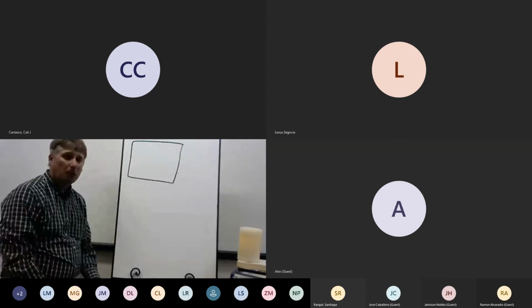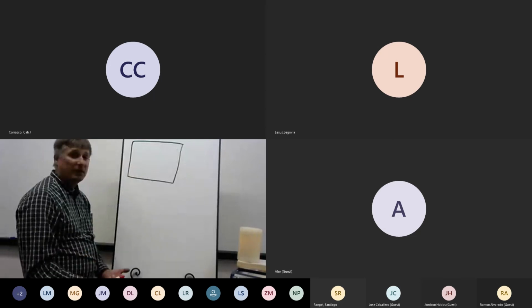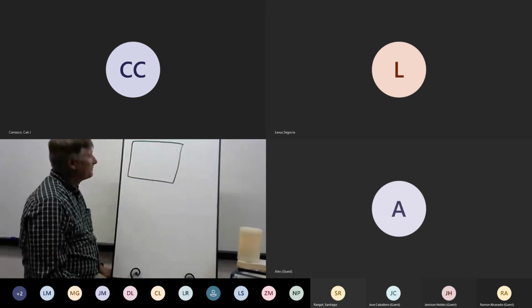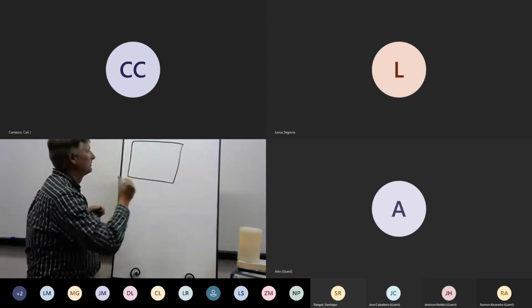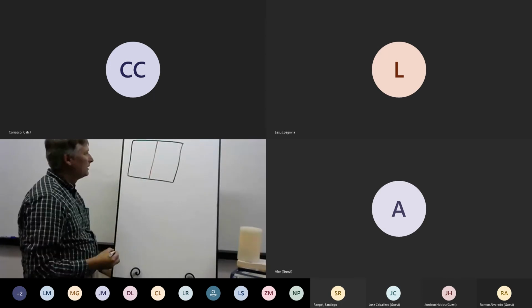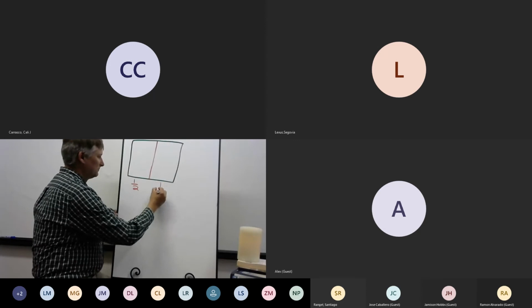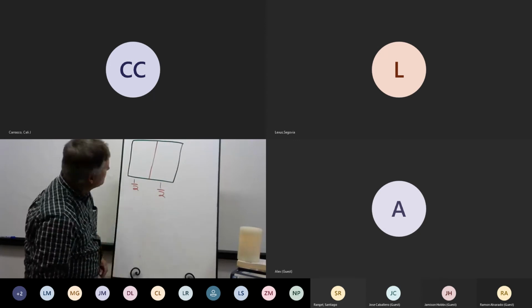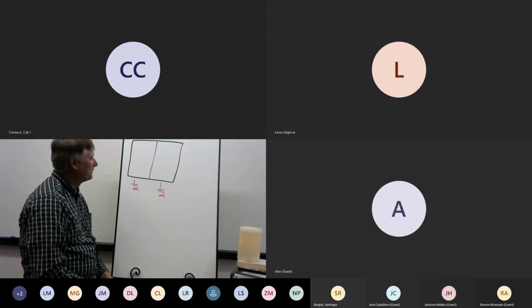So here's our whole. Maybe it's a large tray of pizza, maybe it's a tray of brownies or something. We're going to cut this in half. Relatively 2 equal halves, close.